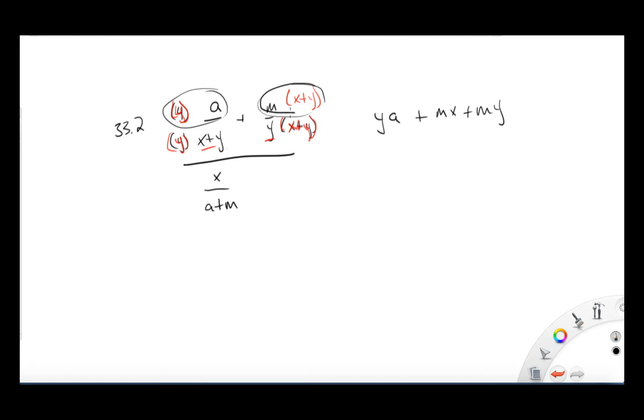So I just did the tops here. Okay. Now the bottom, or the denominator, stays the same. So I can say y times x plus y all over x over a plus m. Now again, we're going to do the same thing.